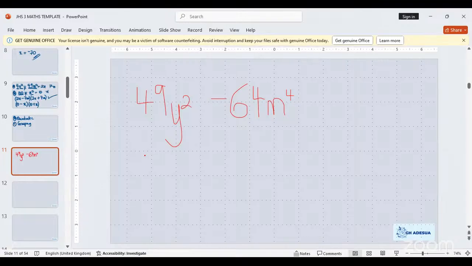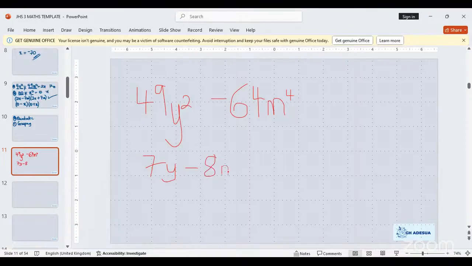So, first of all, you have to find the square root of 49 and y squared. The square root of 49 is 7. And then y squared, y. Then minus the square root of 64, which is 8. And m to the power 4, the square root is m squared.